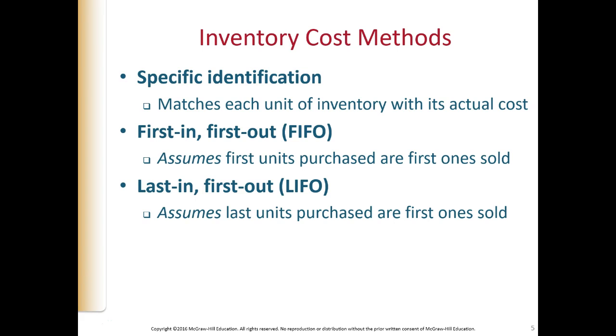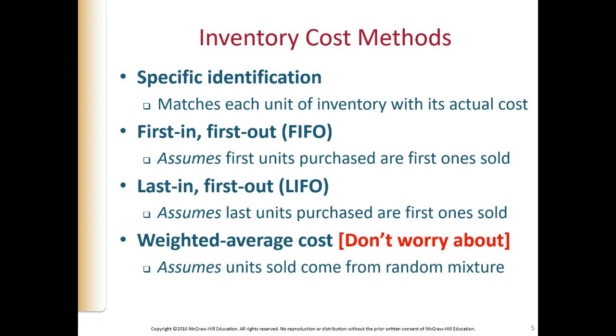You can use first in, first out, which probably follows your inventory product flow more closely, or you can use last in, first out, and we're going to see in a few slides that the reason people use this is because it lowers your income taxes. The fourth method is weighted average cost. Don't worry about this. Here you just throw all the units into one big pile, take all the cost, divide by units, and use one cost per unit for everything that you sell.